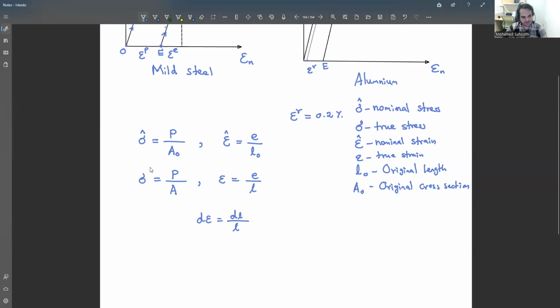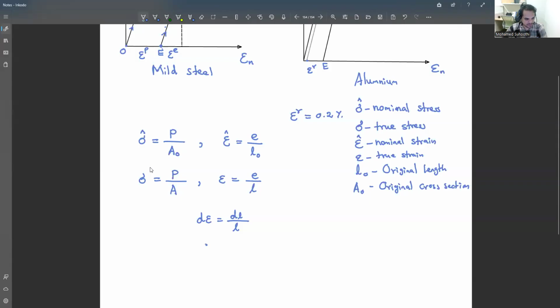Now I'm going to find the total strain. I cannot define it directly like this for the true strain, since this is defined for an infinitesimal length. So to find the total strain, you have to integrate.